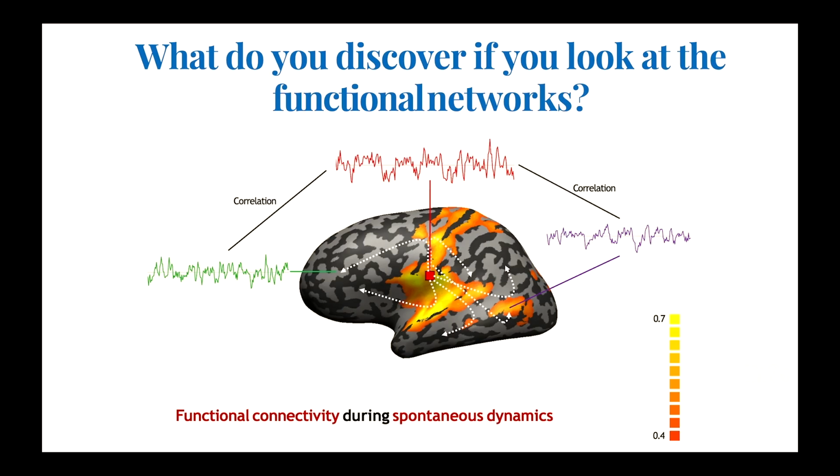When you ask participants to go inside the scanner and remain vigilant and not think about anything particularly, because you are not giving them any goal directed task, except asking them not to sleep inside the scanner, and you record their brain activity, this is exactly what you will observe. And this is not for one single individual; you can do this on thousands and thousands of individuals.